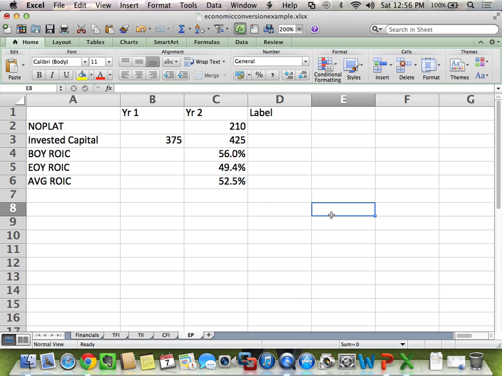So, which invested capital I use is going to give me 3 different results. I could either get a beginning of year invested capital, an end of year, or an average.